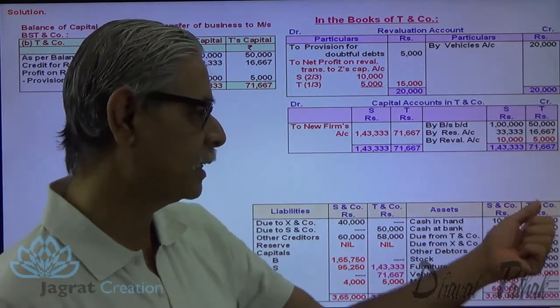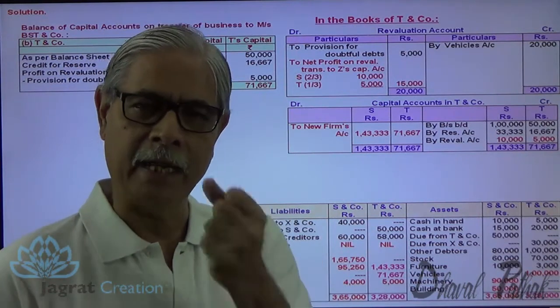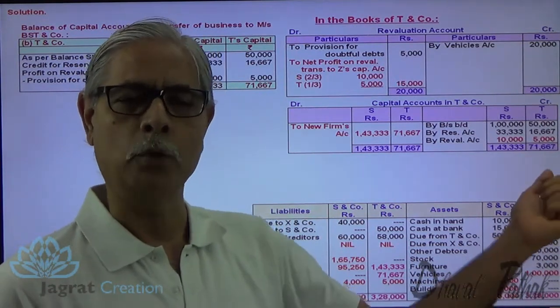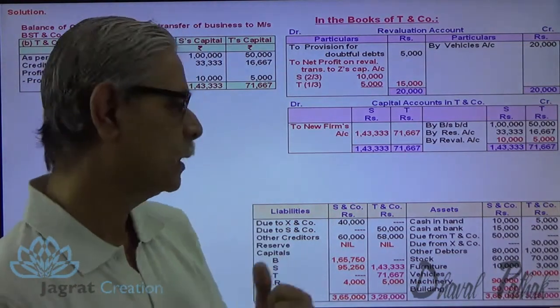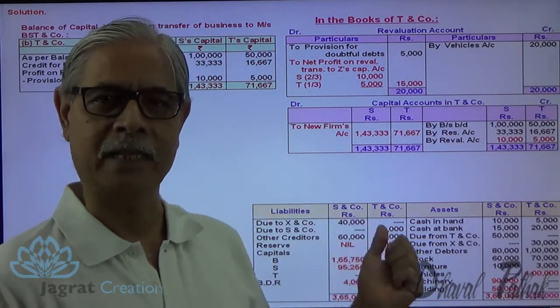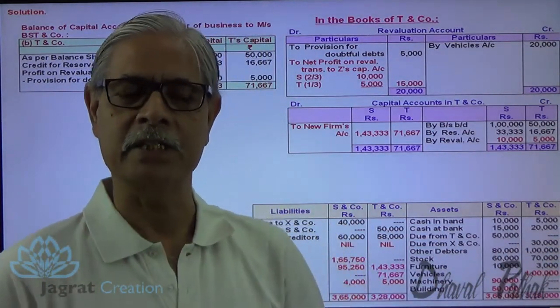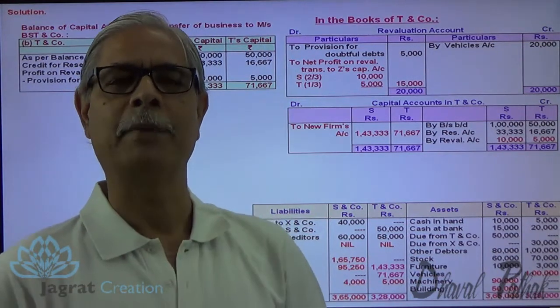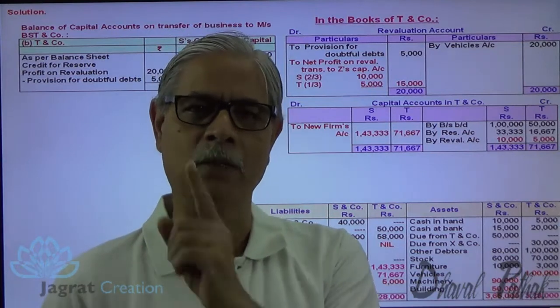Because in the new firm I am purchasing the amount due from X and company and also the obligation towards X and company, the obligation and the claim will be adjusted against each other, and the net amount will appear in the balance sheet. If the debit balance is more, then it will appear on the asset side.